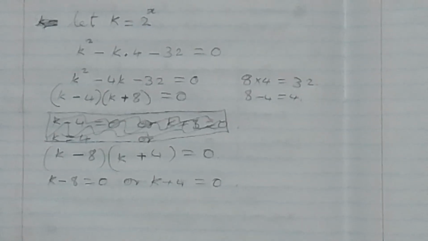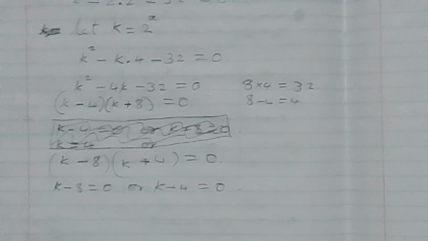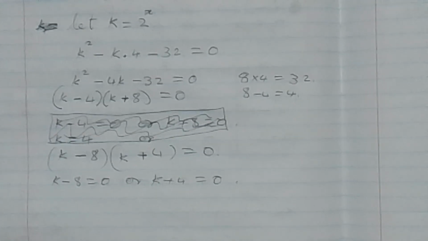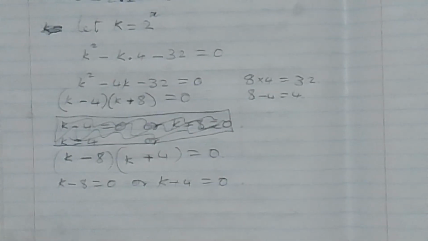Remember, don't rush. You can rush, but don't rush in a way that you make silly mistakes like the one I just did. You are going to lose a lot of marks. Now, k is equal to 8, or k is equal to minus 4.